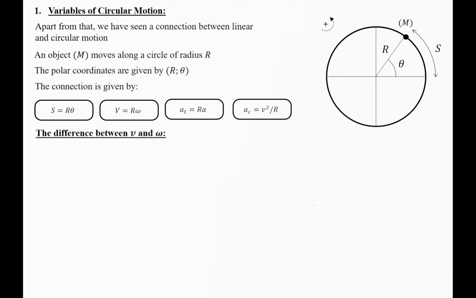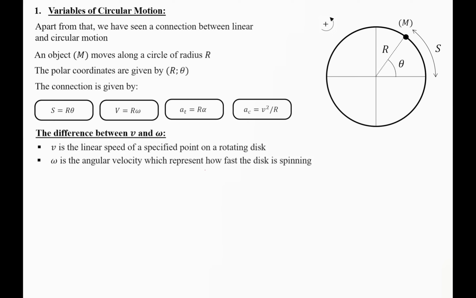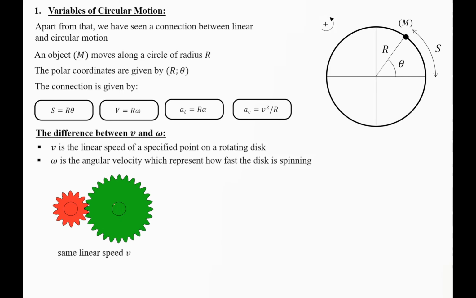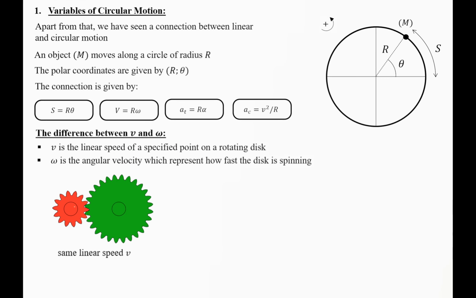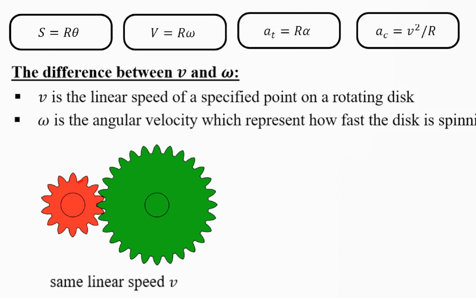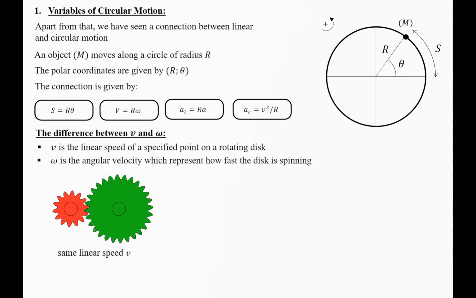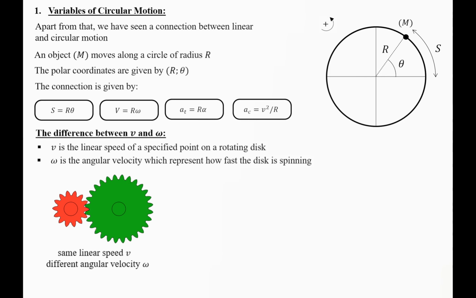Now, what is the difference between v and omega? V is the linear speed of a specified point on a rotating disk. Omega represents how fast the disk is spinning. Notice that for these two disks, if you consider point A to be here and point B to be here, A and B are two different points on the rim of the gears, so they have the same linear speed, but they have a different angular velocity omega.